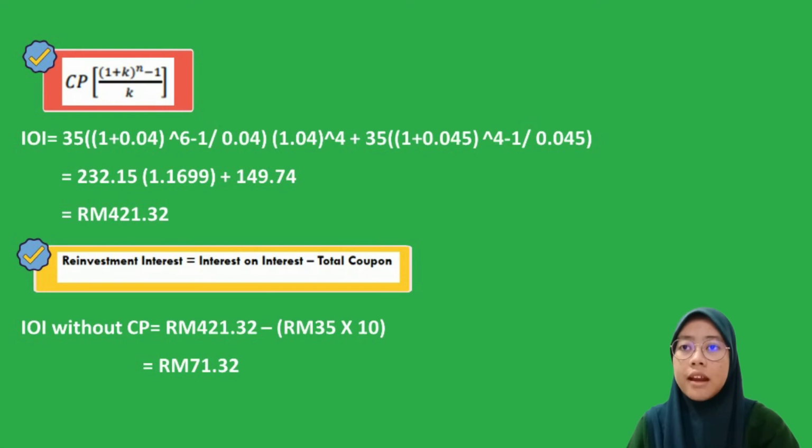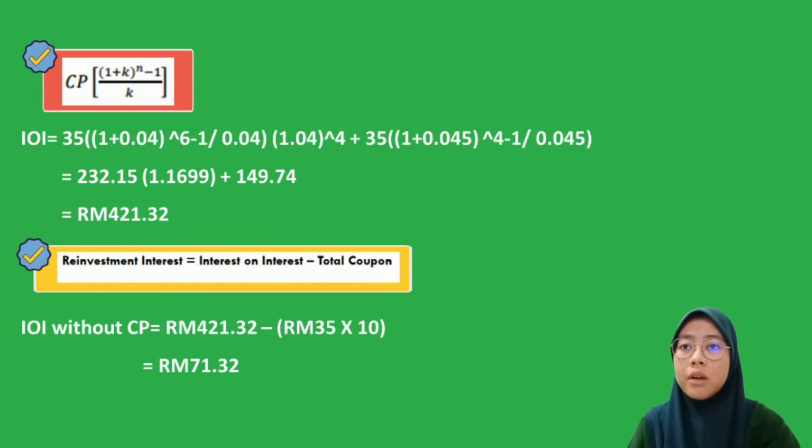Then you will get RM232.15 multiplied by 1.1699 plus RM149.74, and you will get the amount of interest on interest of RM421.32.